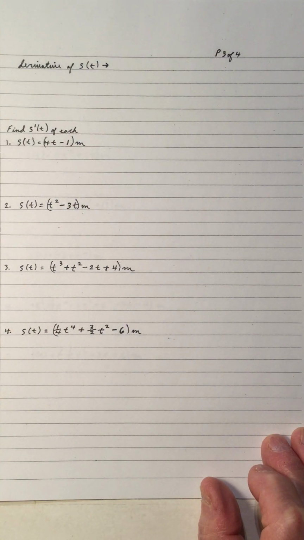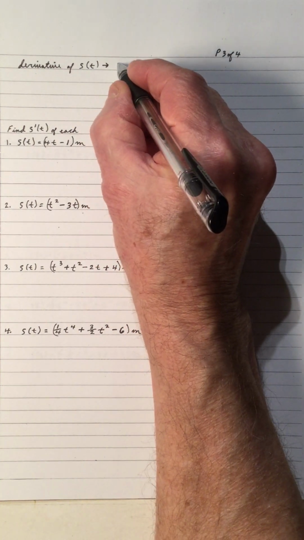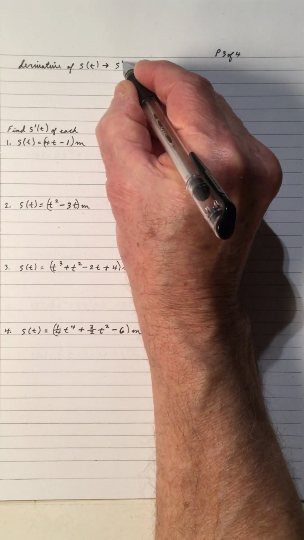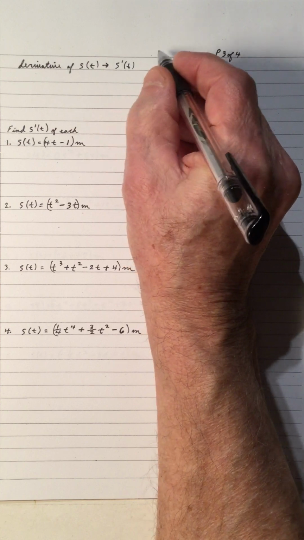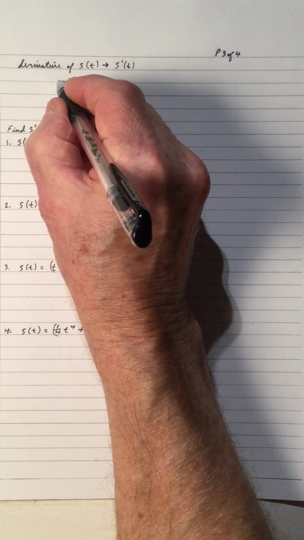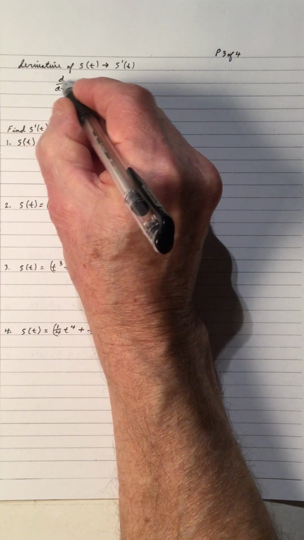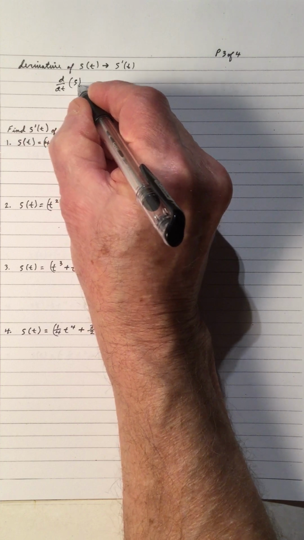So let's continue. What about the derivative of s of t? The derivative of s of t is denoted by s prime of t, or ds/dt, the derivative of s in terms of t.